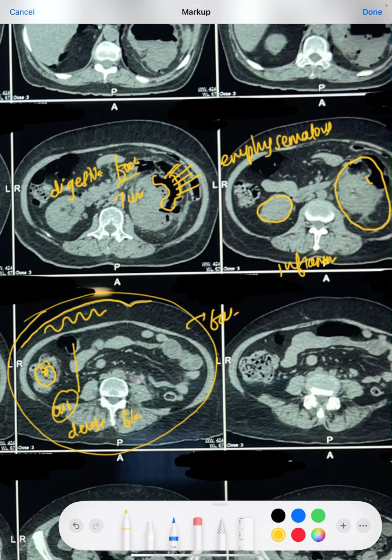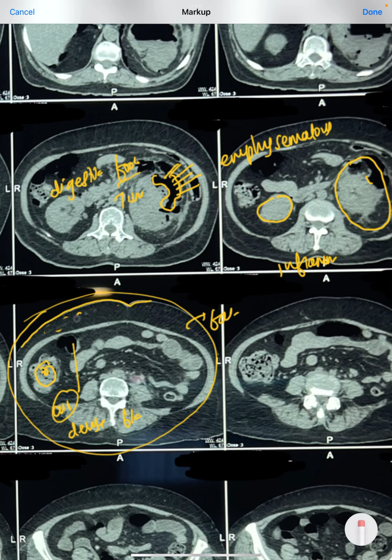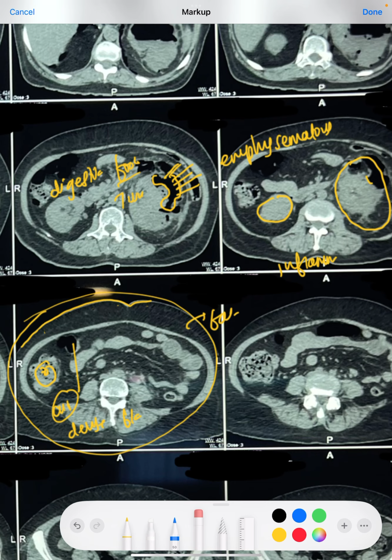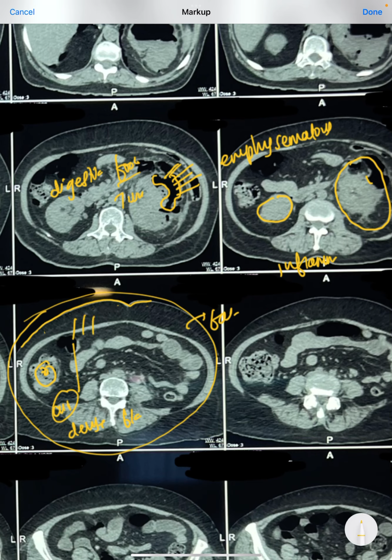So this fat has no inflammation, because whenever you get inflammation in this fat, there will be increased blood flow in the fat, and this blackness will go, and there will appear small dense white fine whitish streaks of inflammation.